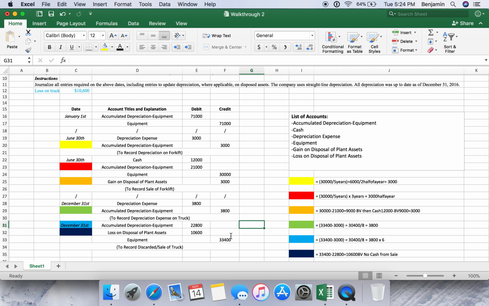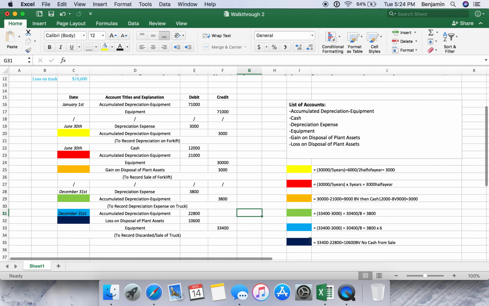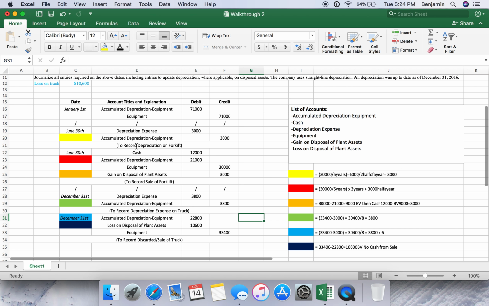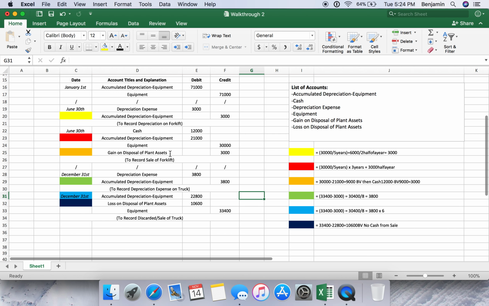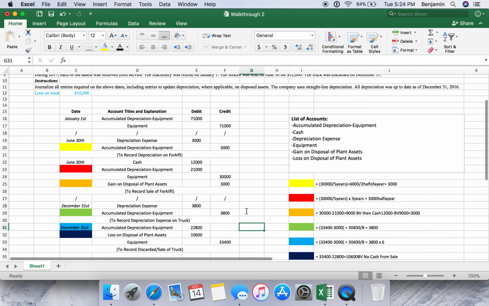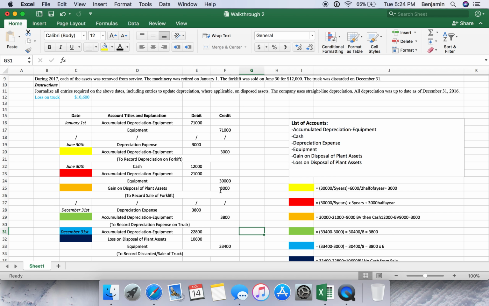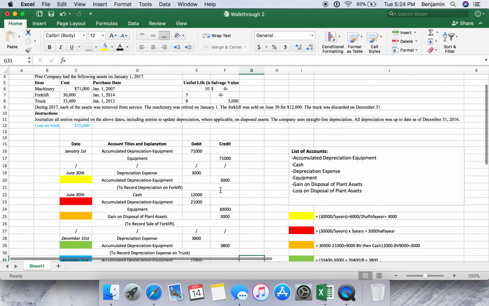If you notice, our $10,600 book value also equals our loss on the truck up here that they gave us. And then the last step is to credit the equipment account $33,400, because we no longer have that equipment. Now I believe I did all of this correctly.